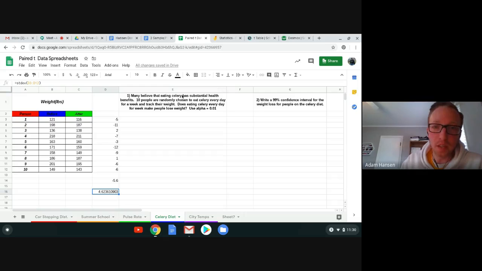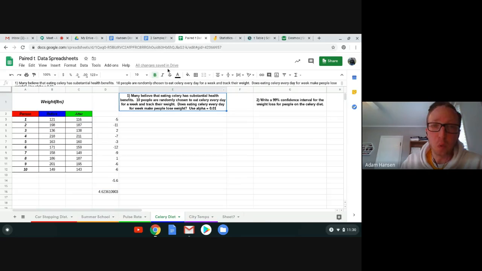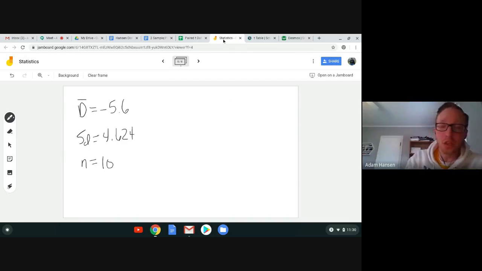We're testing to see if eating celery every day makes people lose weight. So for our null and alternative hypothesis, let's assume that there is no difference for eating celery and losing weight. Therefore, these mean differences would be 0.